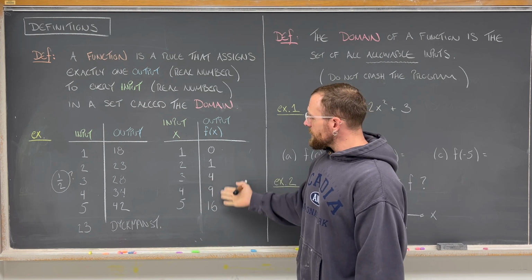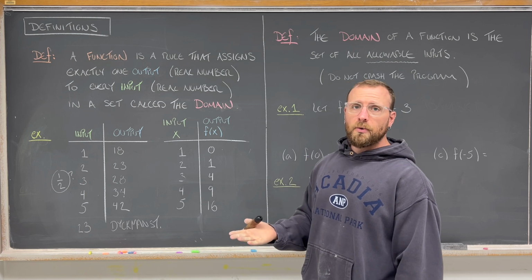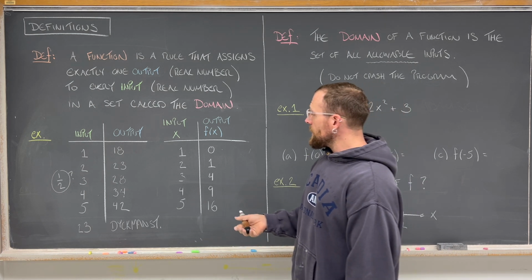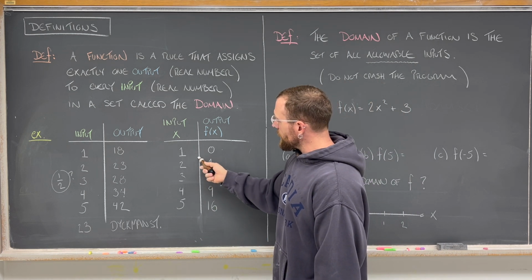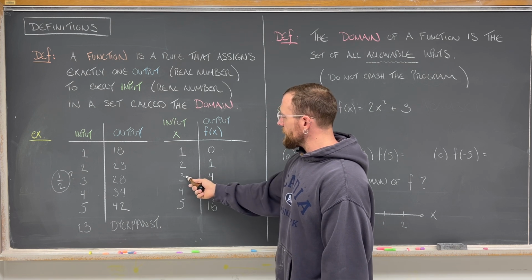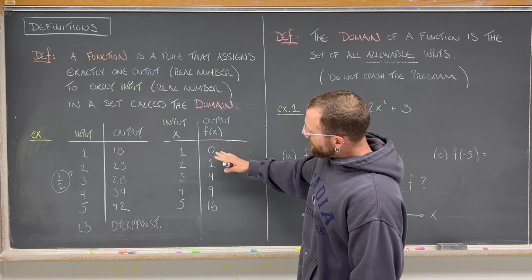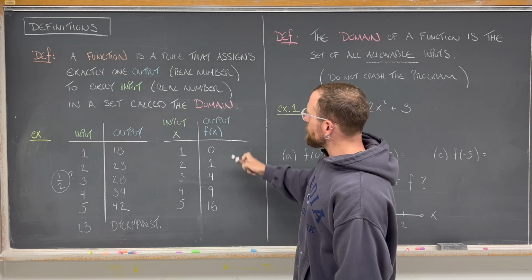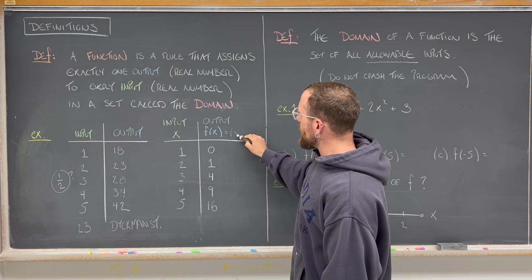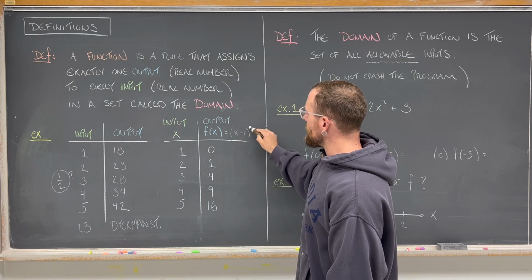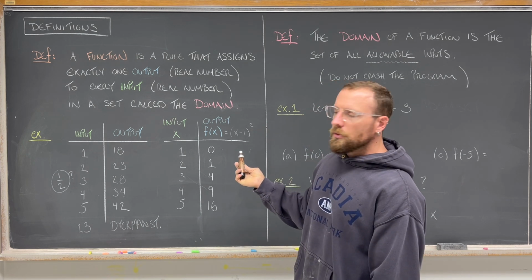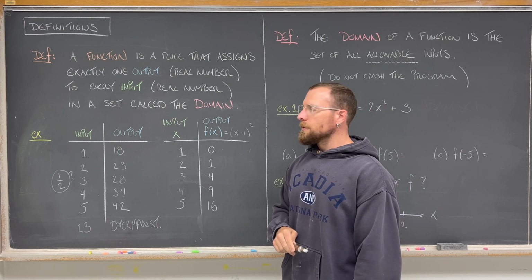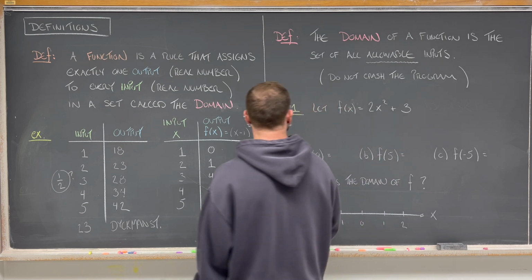You might recognize that the numbers on the right-hand side are all perfect squares. And it just so happens that 1 squared is 1, 2 squared is 4, 3 squared is 9. They're kind of off a little bit. The rule here is to take the number x and subtract 1 from it and then square it. That's a rule that will give you these outputs.